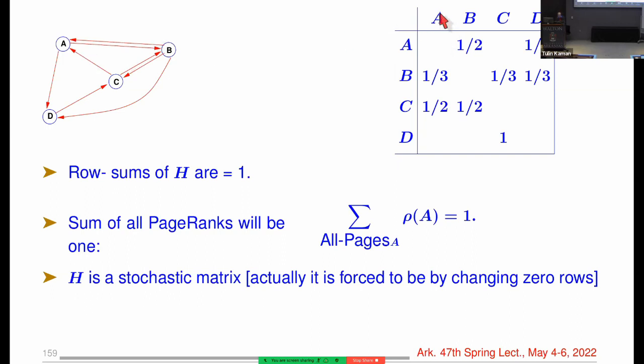You can jump from A to B or D, either here or here, with the same probability, which is a half. And then B can go to A or C or D with probability 1/3. Therefore the row sums are all equal to 1.